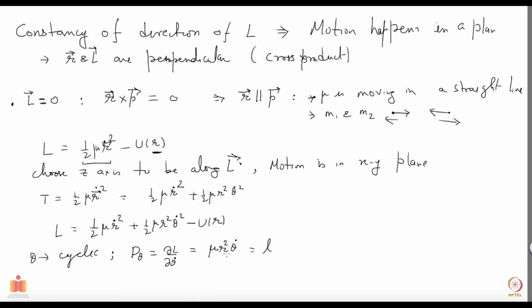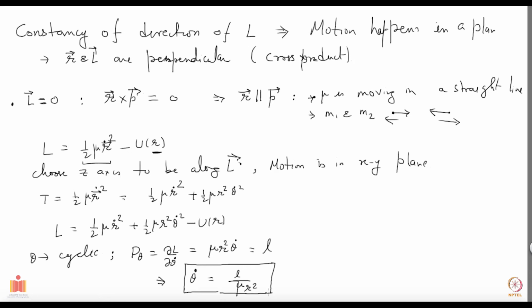Okay, now before I do that, let me just write here that this implies that theta dot is equal to L over mu r square. So I have solved, not really, because r is still present there, but anyway I have such a relation now.